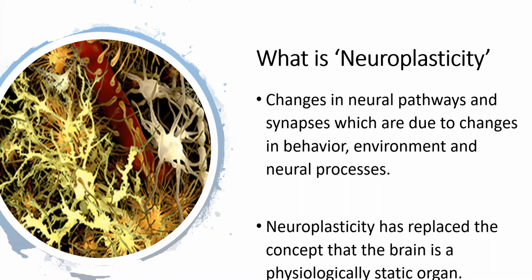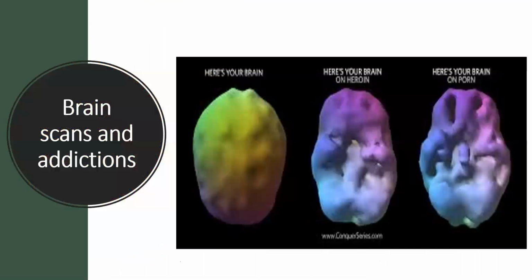And the most important of these factors that will change the neural pathways are our belief systems, our thoughts, our feelings, our beliefs. So neuroplasticity has replaced the concept that the brain is a static organ.